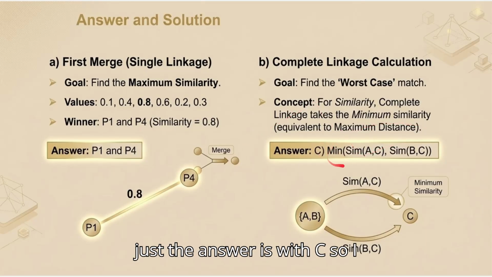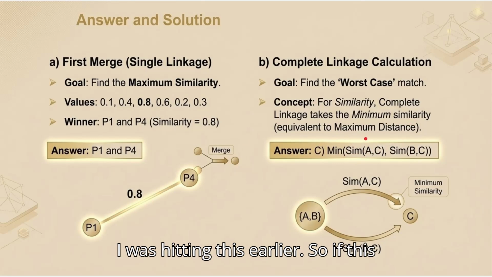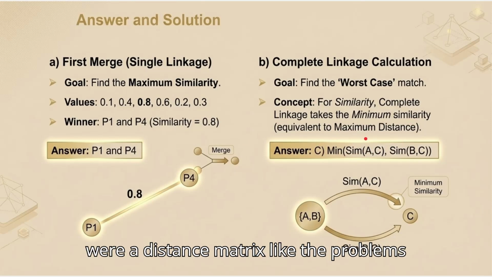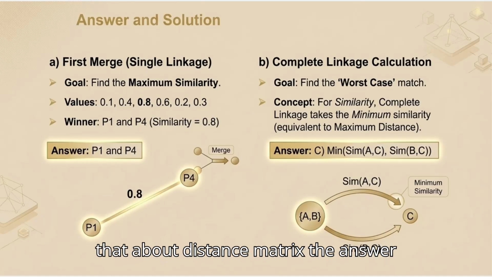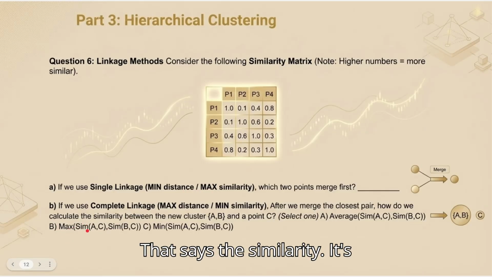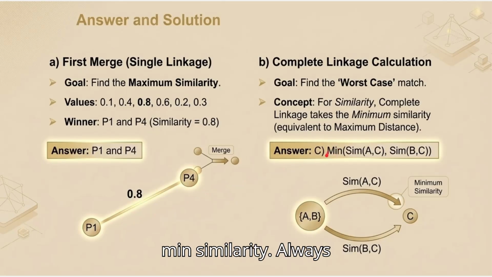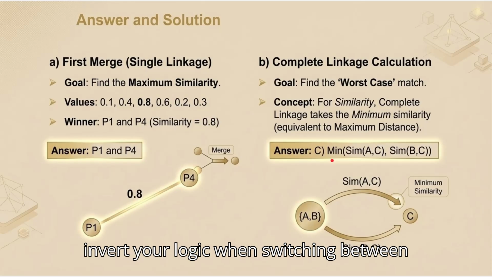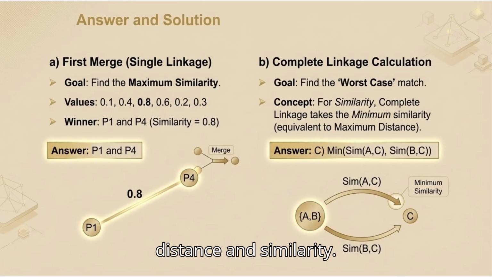So the answer was C. If this were a distance matrix, the answer would have been max distance. But since it's similarity, it's min similarity. Always invert your logic when switching between distance and similarity.